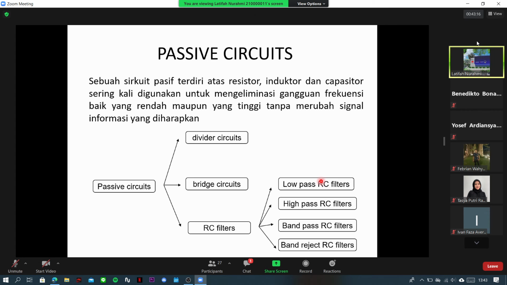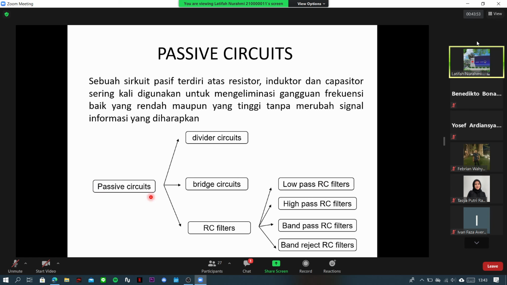In passive circuit, I will give you a brief introduction. A passive circuit is composed of a resistor, inductor, and capacitor. And it is used to eliminate unwanted frequency, it can be low or high frequency, without changing any signal that is coming to the system.